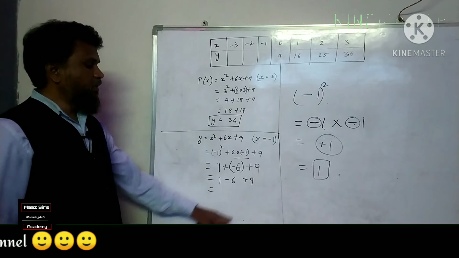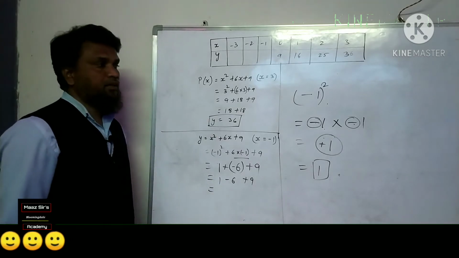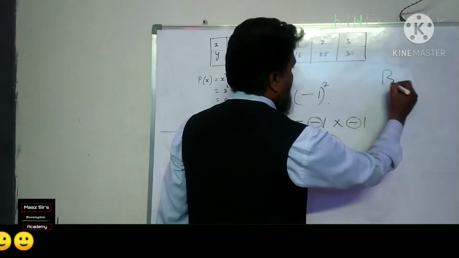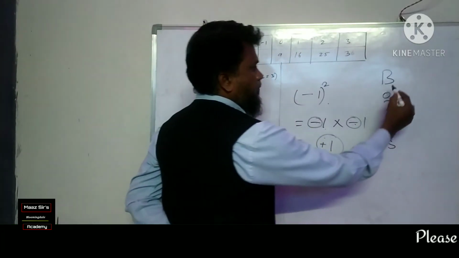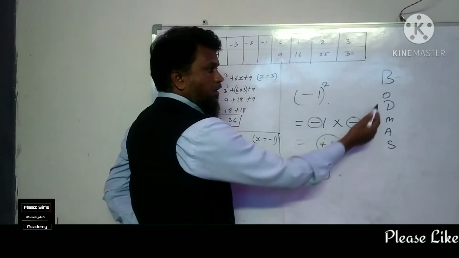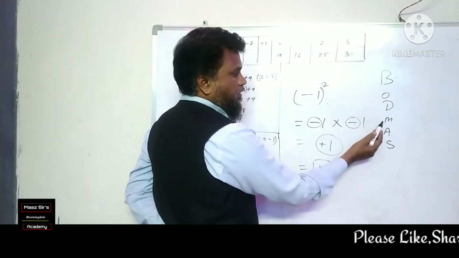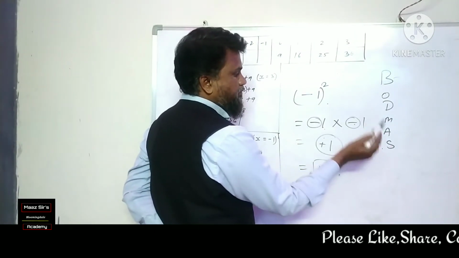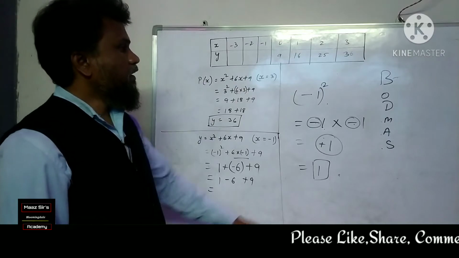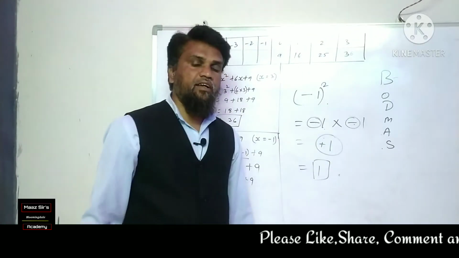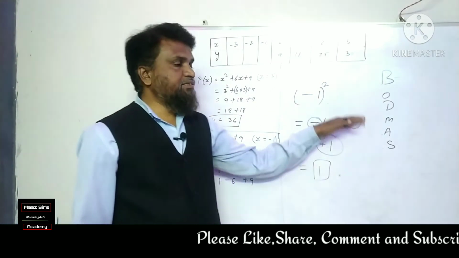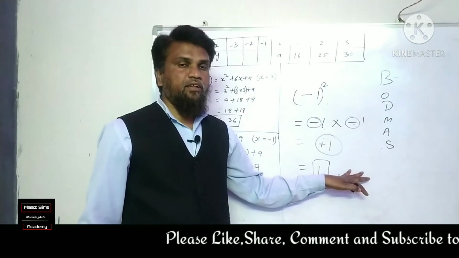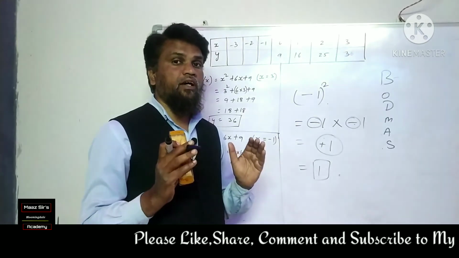Again, now here you have to use BODMAS rule. So what is this BODMAS rule? See here, B stands for brackets, then of, division, multiplication, addition and subtraction. This BODMAS rule states that whenever you are having multiplication, division or addition and subtraction, you have to follow a particular pattern.